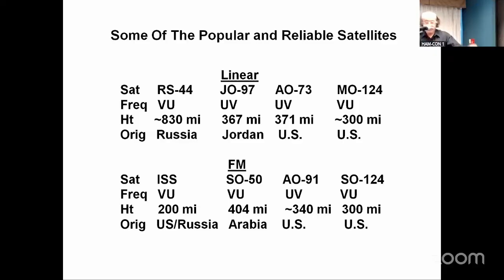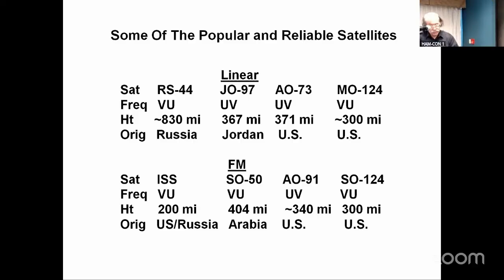For the FM ones, you got the ISS, which is the easiest one to work. When they come up over the horizon, they're actually moving the S meter. And then on the other hand, you got SO-50, which is about as weak as it gets. If you can hear that, you have a good station. 91 is daytime only. The batteries are kind of shot on that. And then SO-124, and there's also a 125.